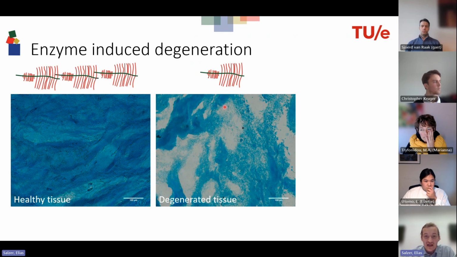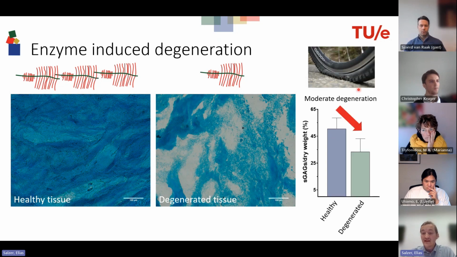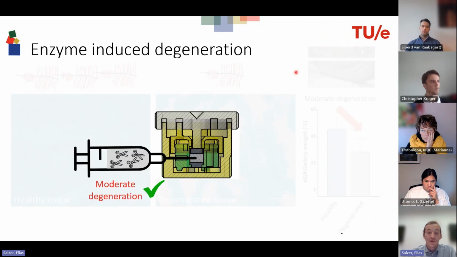However, when we inject this enzyme, these proteoglycans are reduced, and you can see that there's less coloration and it's more disturbed. And we can also quantify that, so we can measure how much we lost. And when we did that, we saw that the glycosaminoglycans, this proteoglycan reduction, is actually comparable to mild to moderate degeneration. So now we have a model where we can induce mild to moderate degeneration using this enzyme.